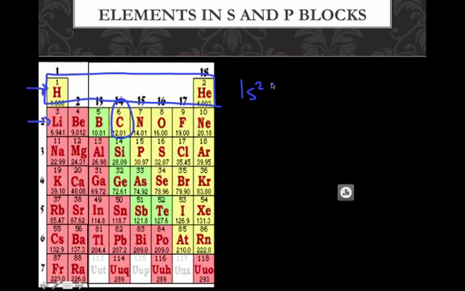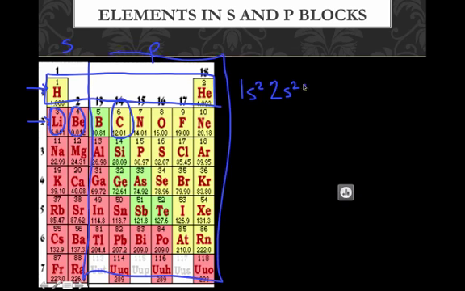So after 1s2 comes the 2s, because this is our S block and this is our P block. So in the 2s, I can hold at most 2 electrons. And now, since I folded my periodic table over, it's pretty clear what comes after my S block is my P block, right? Because this section right here is the P block.